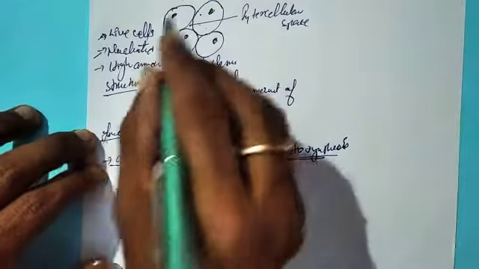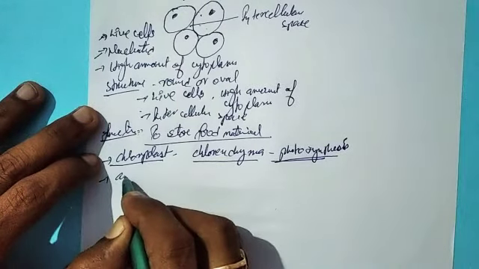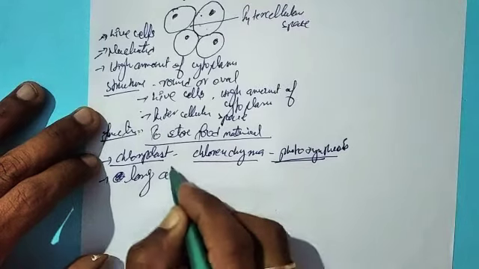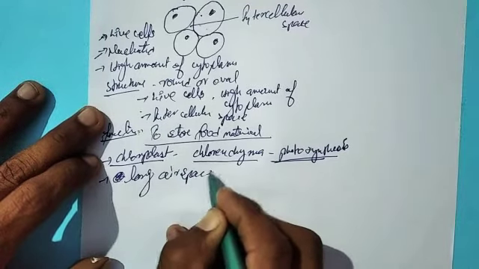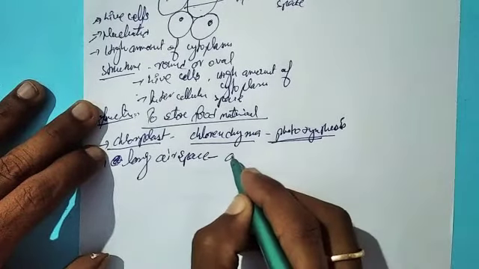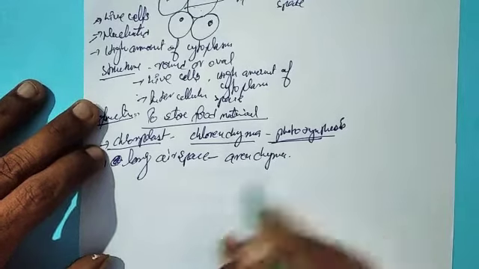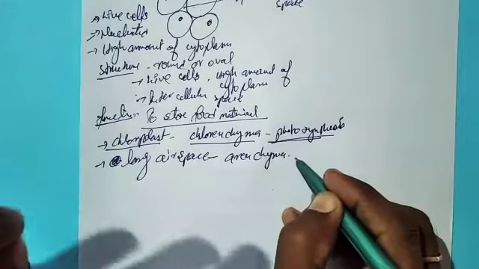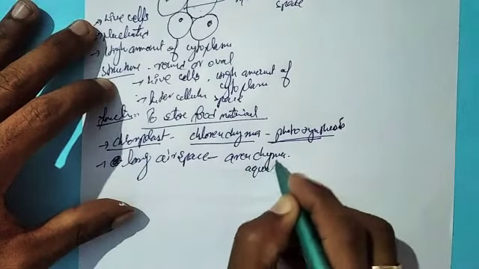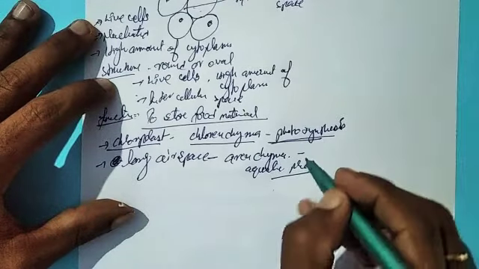Sometimes these parenchyma tissues have large air spaces, and they are known as aerenchyma. Mostly they are found in aquatic plants and help to float.